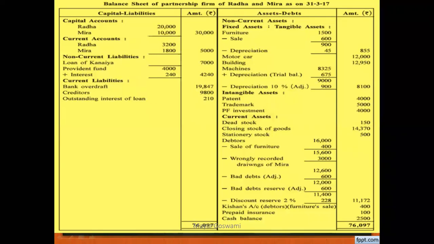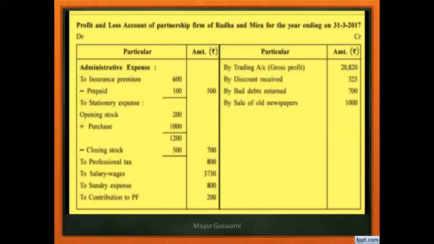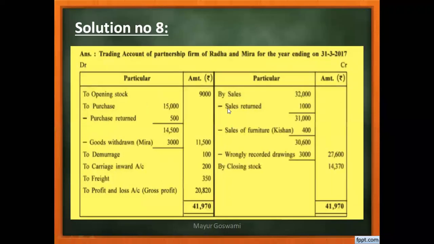Then after we have goods returned. Debit side, as you know, we have sales returned. So from sales, less sales returned 1000.